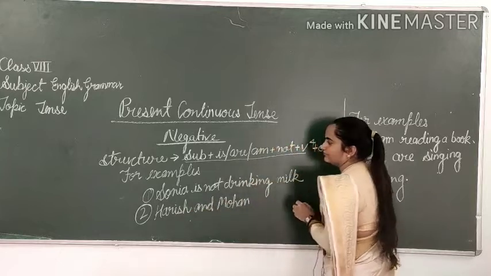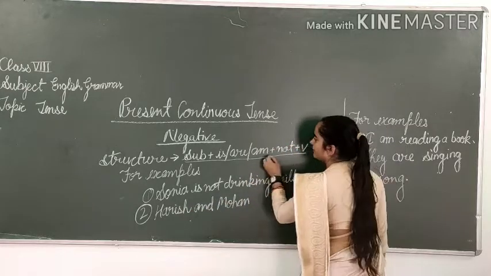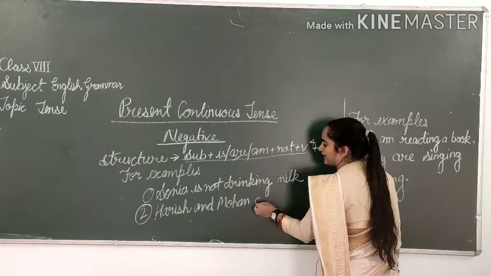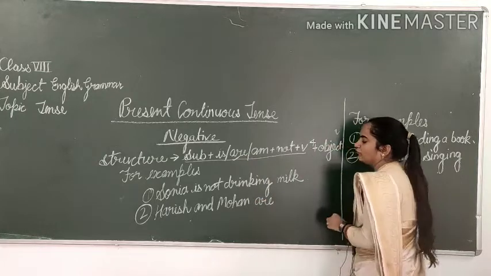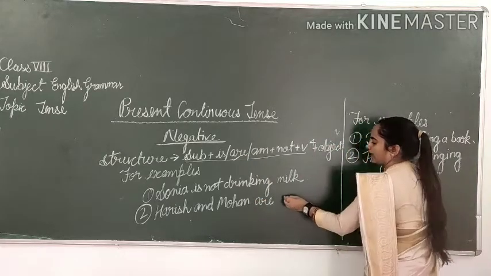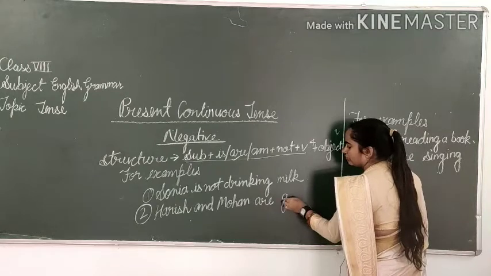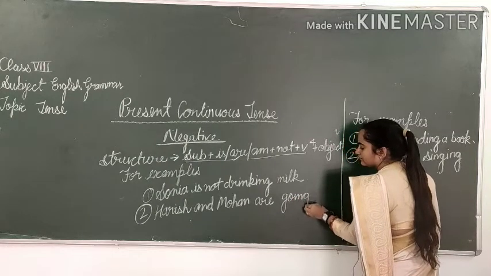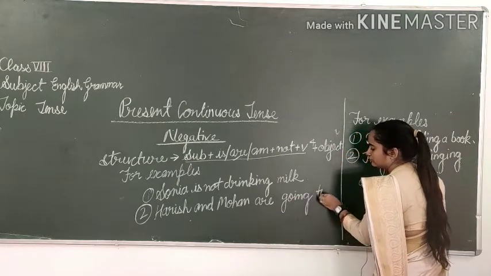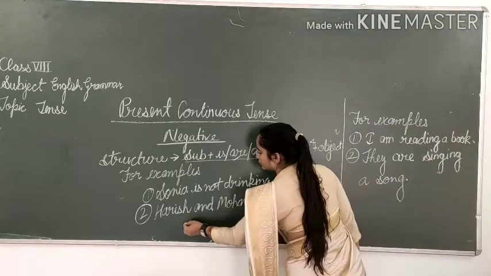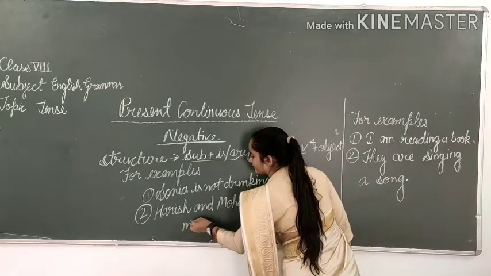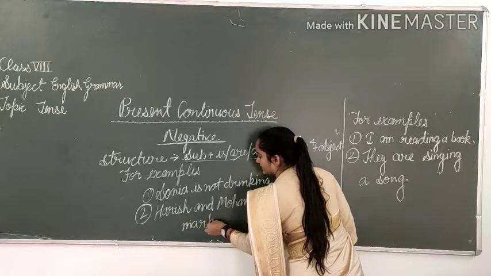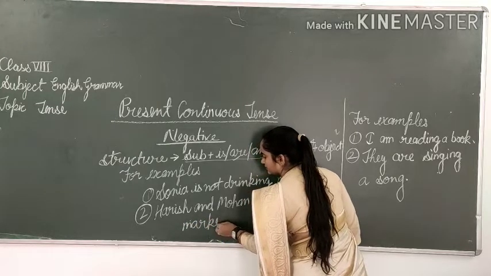Harish and Mohan means they are plural, that's why we will take here are. Harish and Mohan are going to market. Market is your object according to the verb.